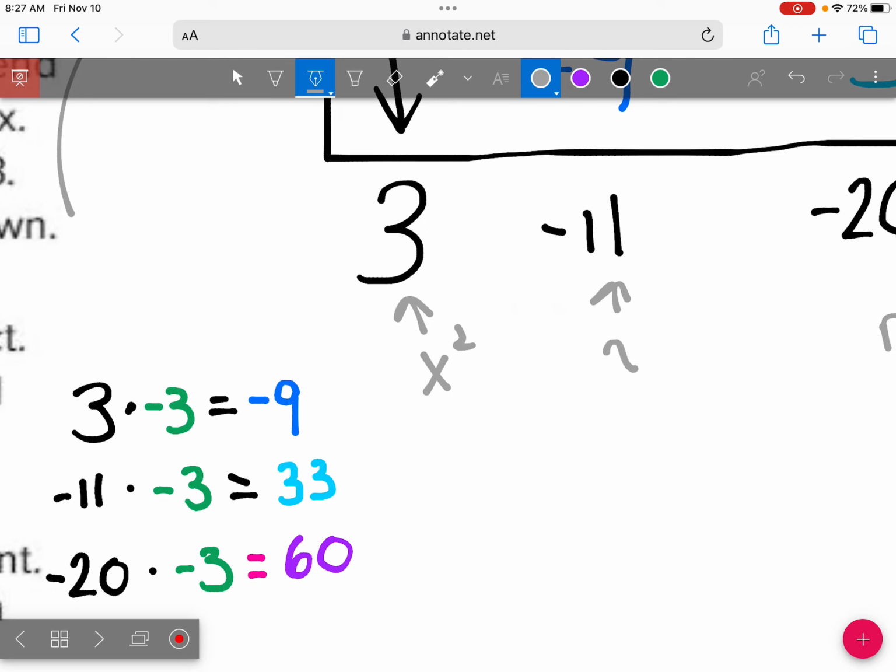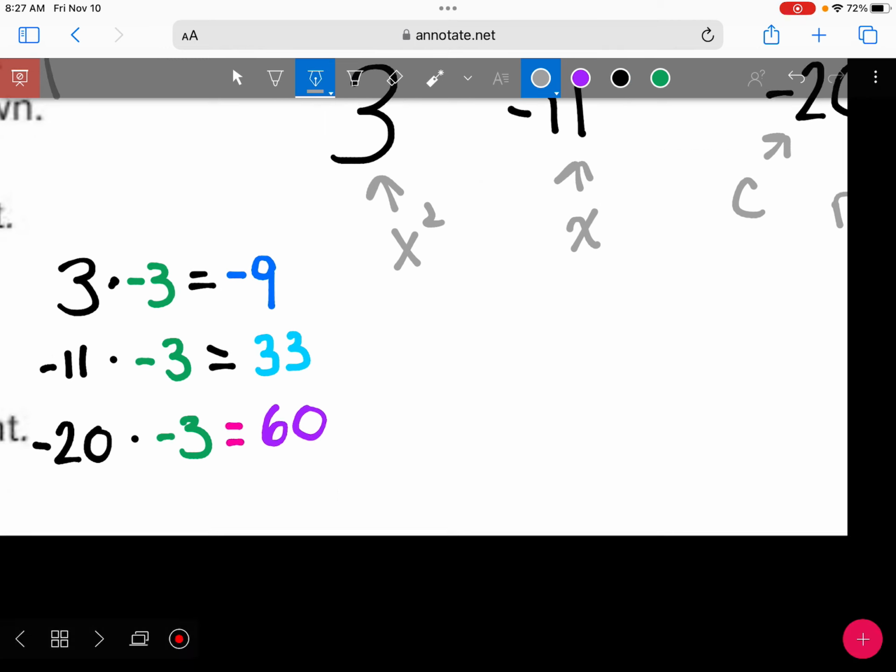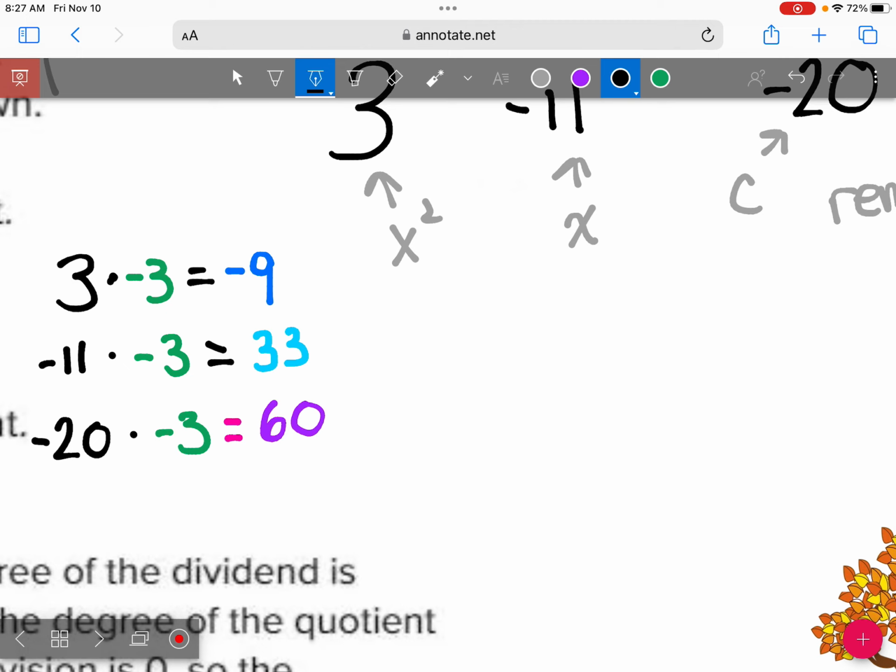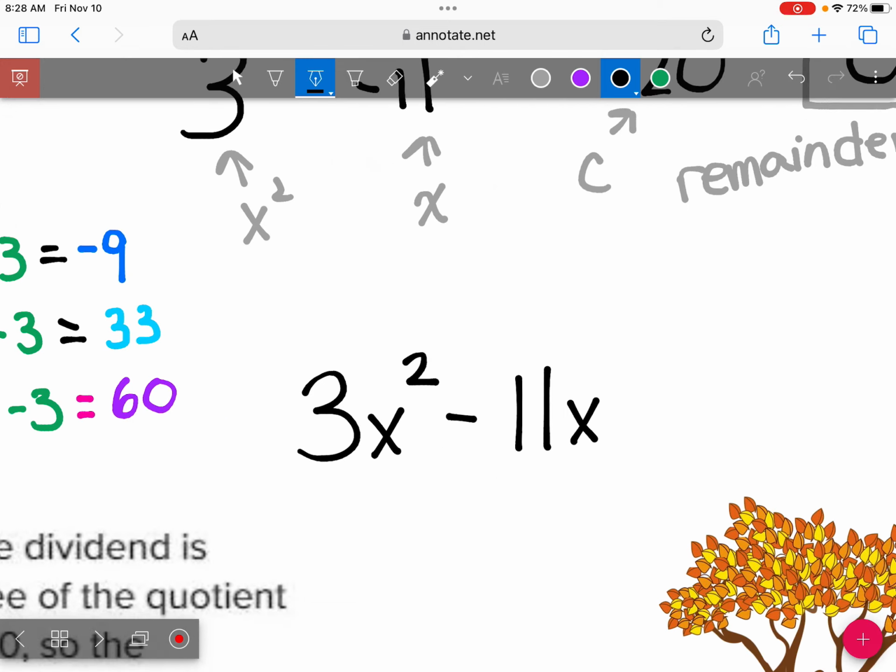This is the coefficient for just x. And this is my constant, which we just tend to call c, but it's just the number on the end. So our polynomial that would have been on top is 3x squared minus 11x minus 20.